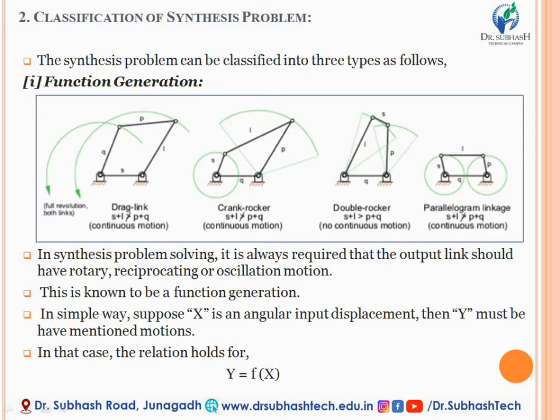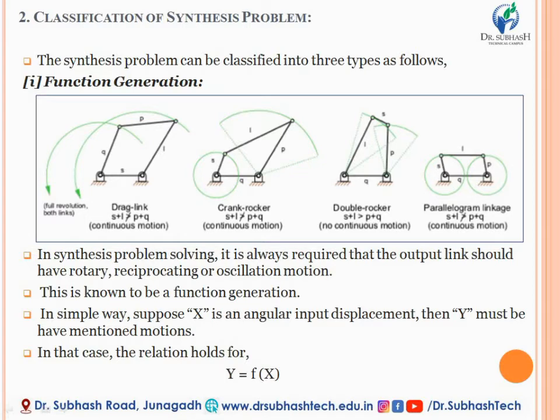Generally it is observed that it is frequently required in synthesis of mechanisms that an output link must rotate, oscillate, or reciprocate according to a prescribed motion, or according to specific time, as input motion.